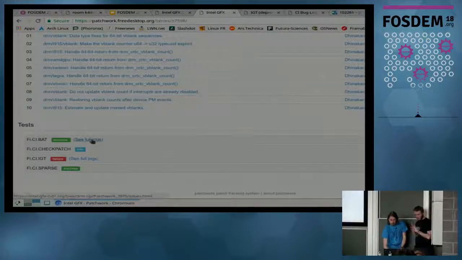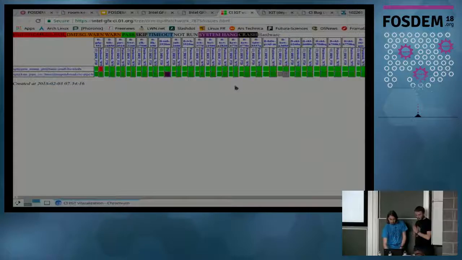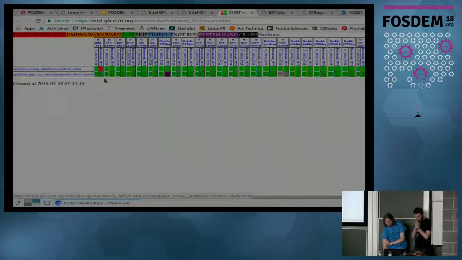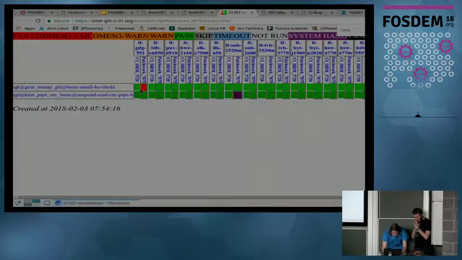If you're interested, you can have a look at the full results. That's the complete A/B comparison. On the left column is the previous one, and on the right column is the new one. Here CI_DRM_3270 was the baseline, and then we applied the patches, and this build was named Patchwork_7875. So it's A/B testing.